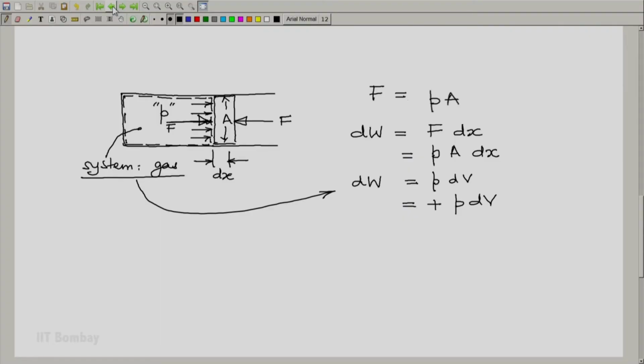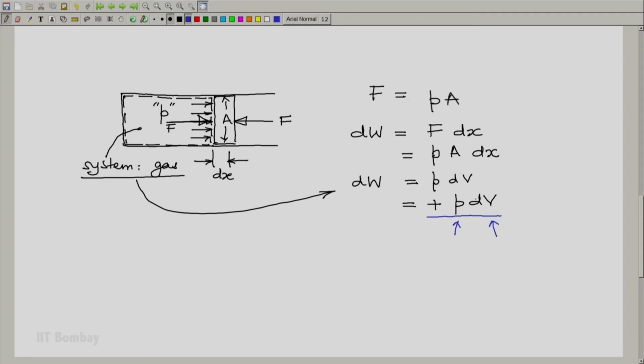Let us look at this situation where our system was the gas in the cylinder piston arrangement. You will notice that the final format, which is P dV, P happens to be an intensive property, whereas volume happens to be an extensive property.